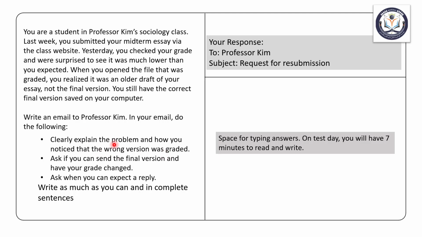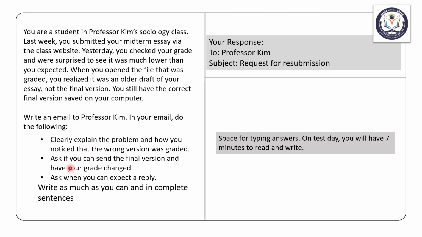This is the first bullet point, and in our email response, we have to include this information. First of all, we clearly explain the problem, and then we write down how we noticed this kind of problem of the wrong version being graded.